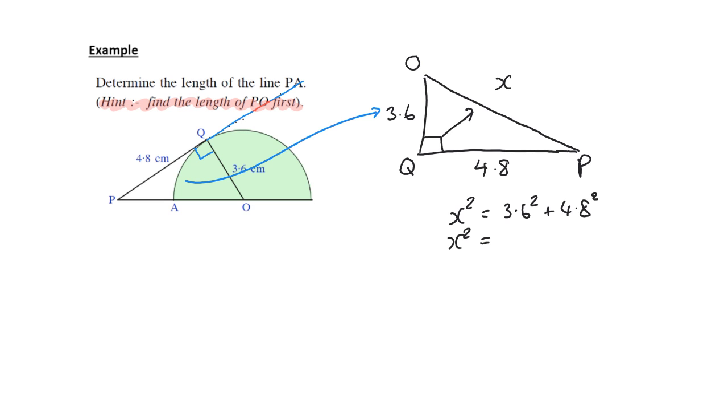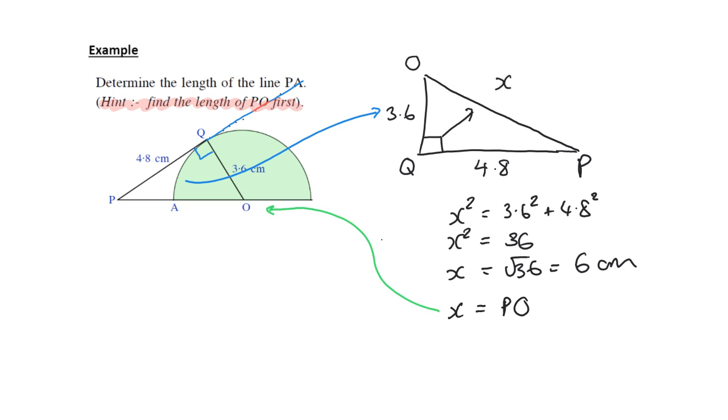I've done this before, so I know that comes out as 36. x is therefore the square root of 36, which is 6 centimeters. So it is worthwhile recognizing that x is actually PO, this distance along the bottom.